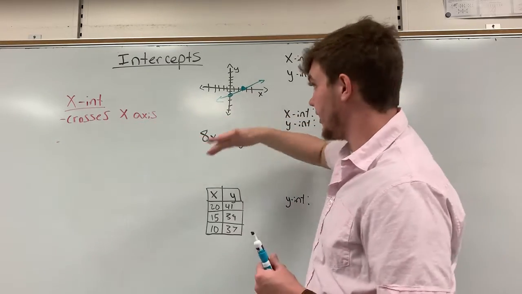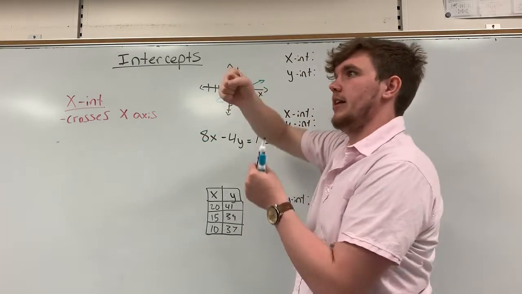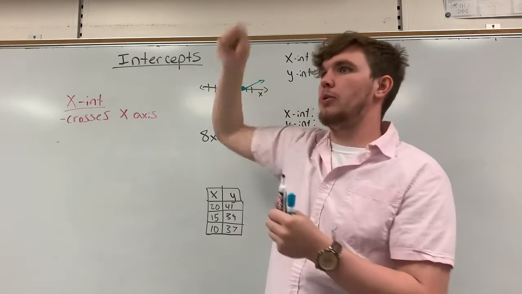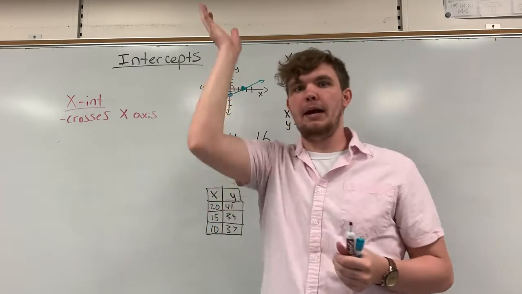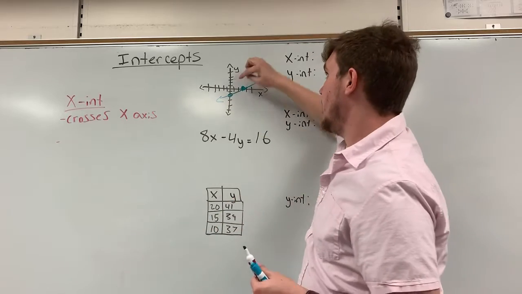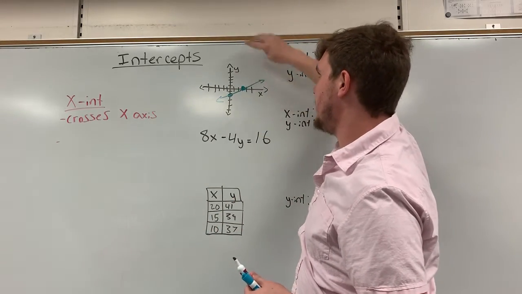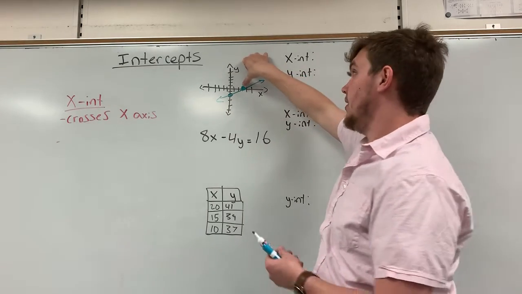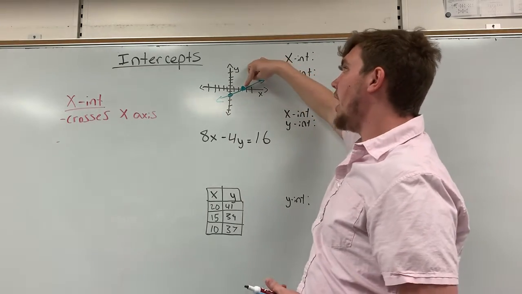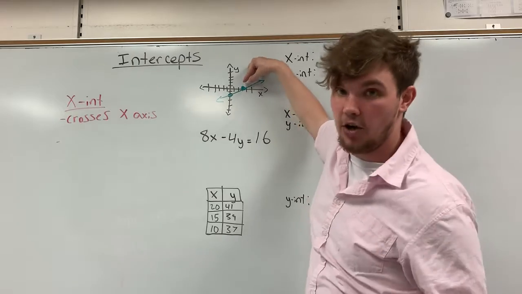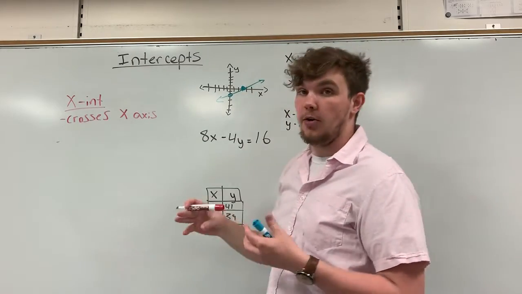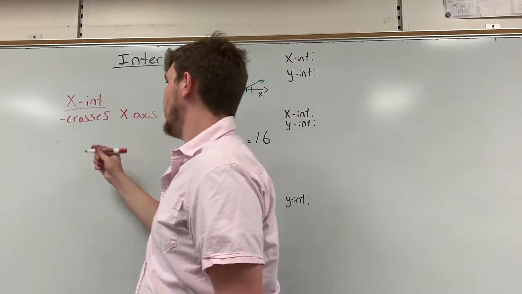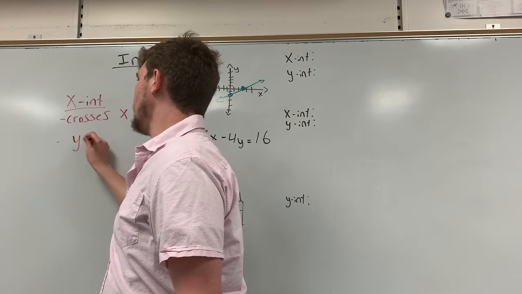If you think in terms of it either being up or down, like the top half of the graph or the bottom half of the graph, this point is neither in the top half nor is it in the bottom half, right? It's like right in the middle. So the value of y right here is 0, and it will always be 0 at the x-intercept. Okay, so y equals 0.